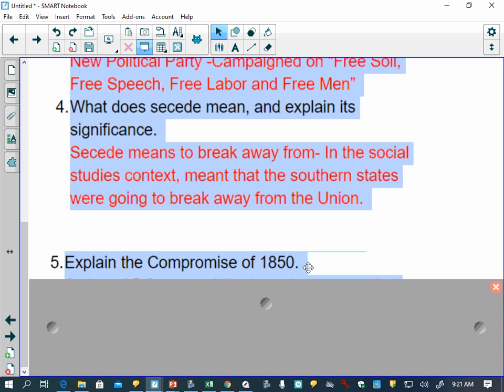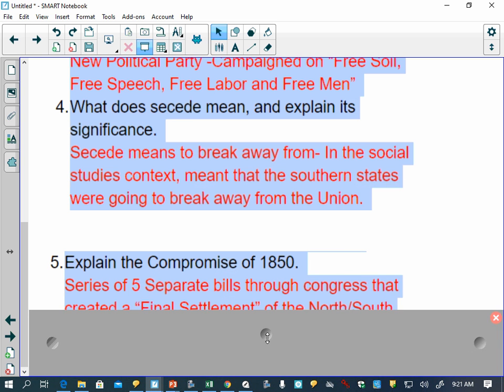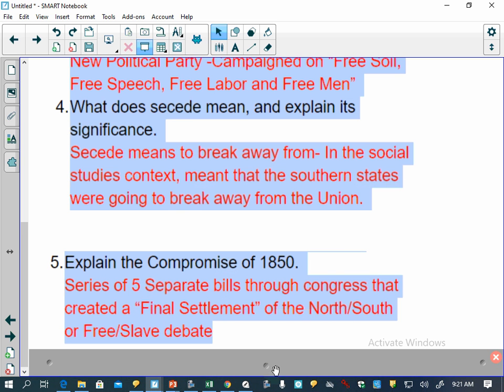So as we're looking at another Henry Clay plan here, the compromise is going to, again, be focused on what we should do with these new states. So they were actually a series of 5 separate bills that passed through Congress, which would be a final settlement.